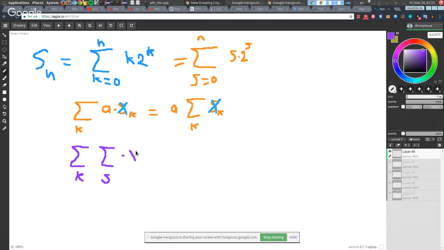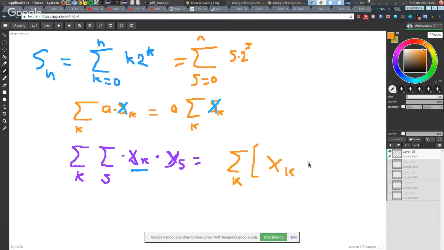Here we have some expression that depends on k, times another expression that depends on s. We can see that here this x_k is constant with respect to the inner summation. We can take it as a constant outside.